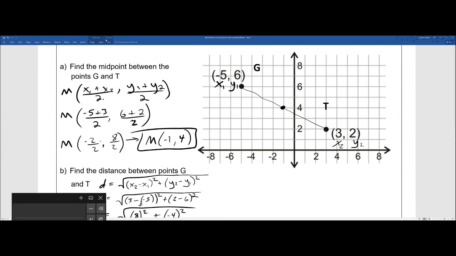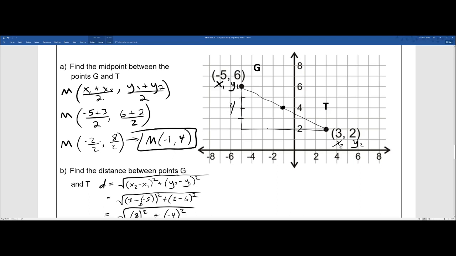Okay, so if you notice, I drew a line between our 2 points, G and T. And if I was to use Pythagorean, I would draw a perfect right triangle, which you can using a Cartesian plane. You would notice you have 1, 2, 3, 4 of a length for that leg.